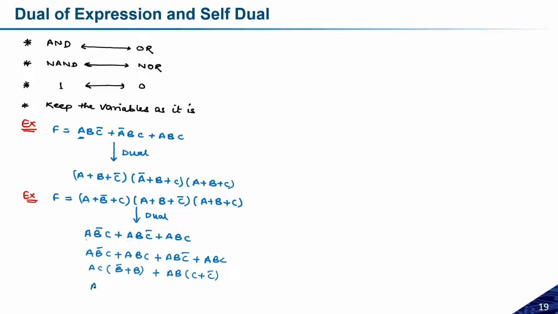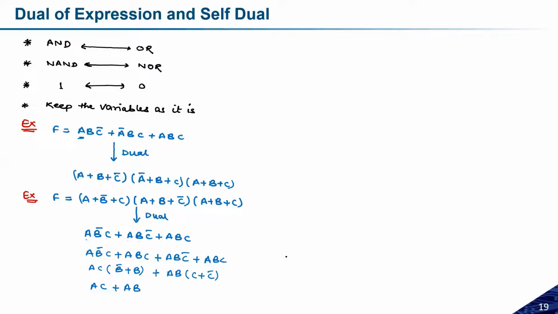So here I will get ac plus ab, and this is the minimized form. So even after finding the dual, I was getting an expression like this, but if we minimize it, I will get this expression. So the total cost, the total number of gates, can further be reduced even after finding the dual. This is something that you should know about the dual.